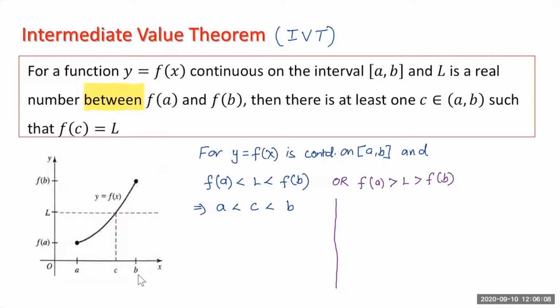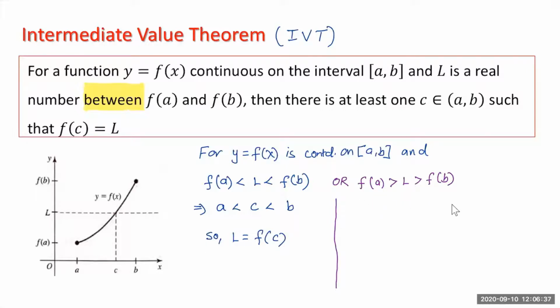When you go from here to here, there is f of a. When you go from here to here, that's f of b. That means this one is f of c. L must be f of c. So your L is f of c. If you plug c into the function, the result is L. That is the meaning of that, nothing more than that.